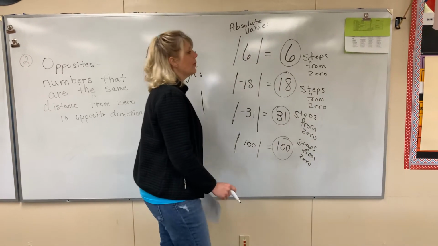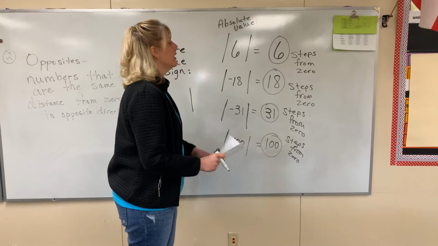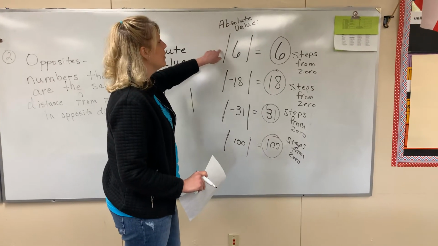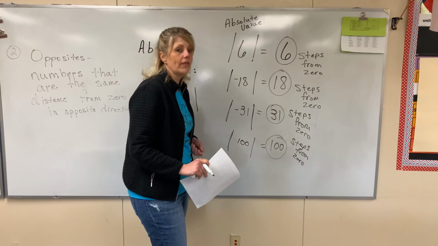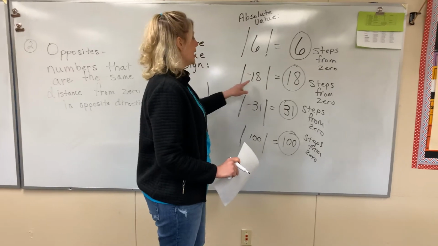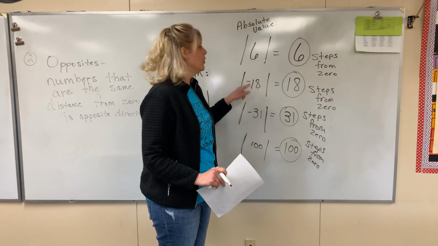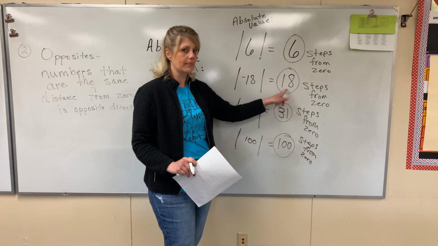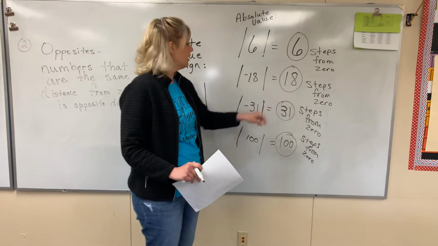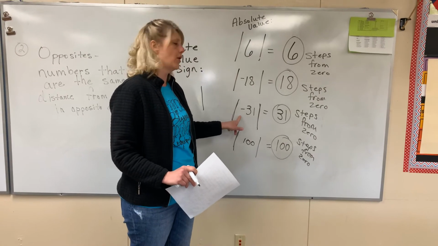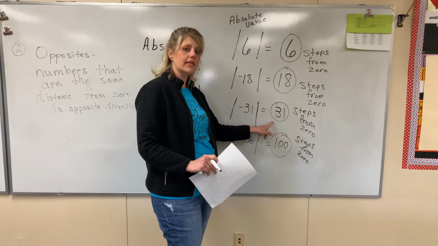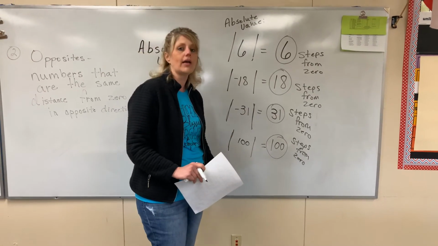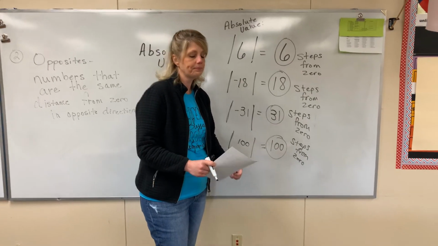So as you notice, when you have the absolute value sign with that number, if you're a negative, you don't say I'm negative 18 steps. You say I'm 18 steps. Drop the negative sign. I'm negative 31 steps? No, you're not. You're 31 steps when it's in the absolute value sign.